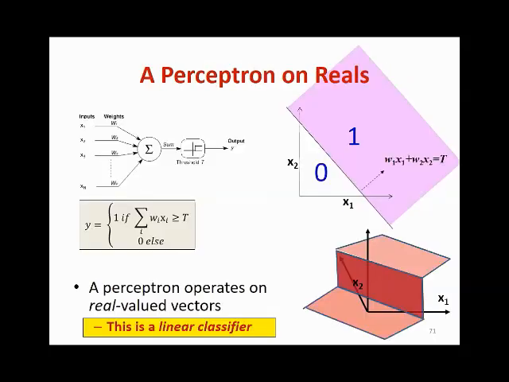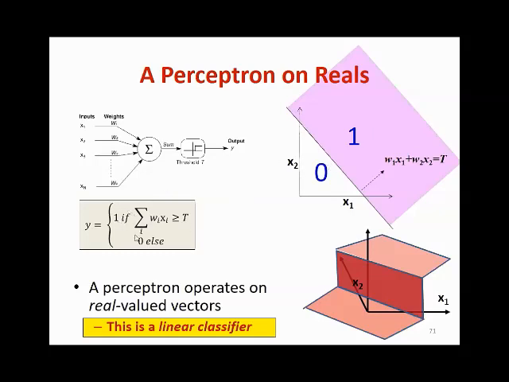And to recap, a perceptron that uses this criterion to produce its output, where it produces an output if the weighted sum of inputs exceeds a threshold, has this kind of behavior. The boundary where the weighted sum exactly matches the threshold is going to be some sort of a hyperplane. Any inputs that lie on one side of the hyperplane are going to elicit an output of 1.